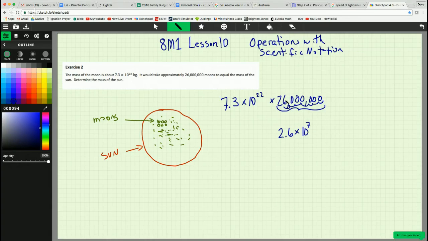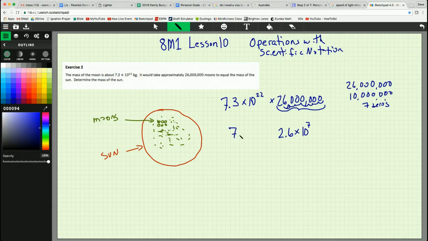The other way we can do it is we can say, what power of 10 is just under 26 million? And that has 7 zeros. Okay, and so there's our 7. So either way you want to do it, by moving decimals or by finding the power of 10 just below it, either one will work.